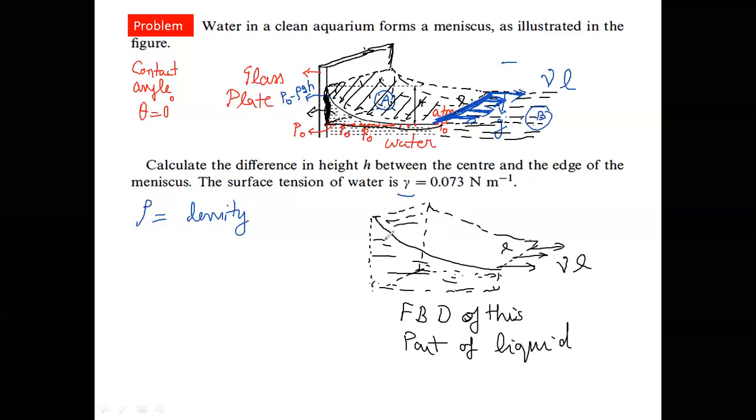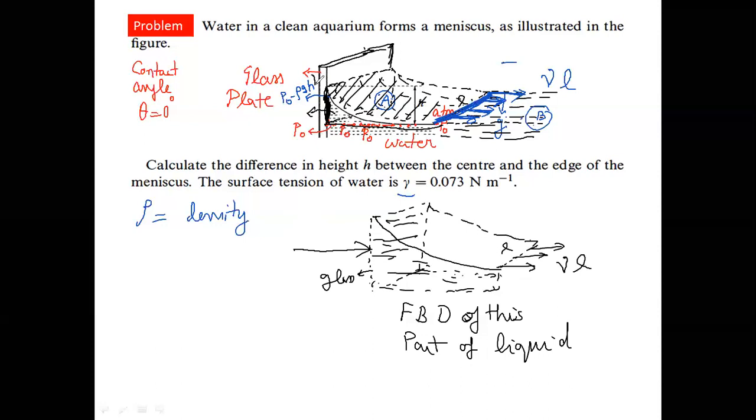This surface was in contact with the glass, so the glass will exert a normal reaction force on this surface. That normal reaction force will be the average pressure times area.